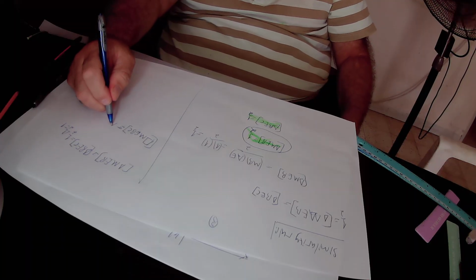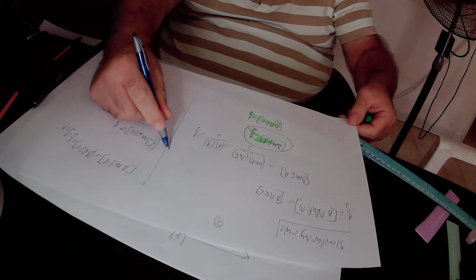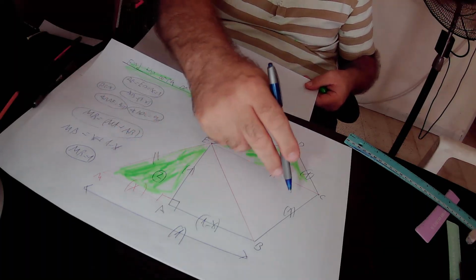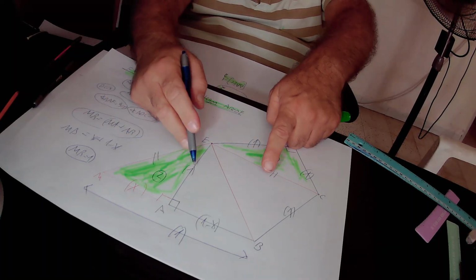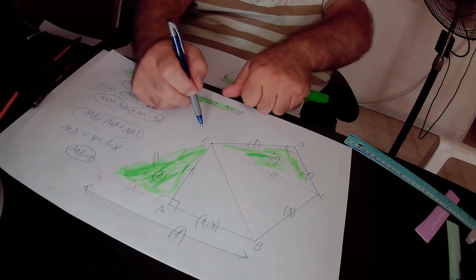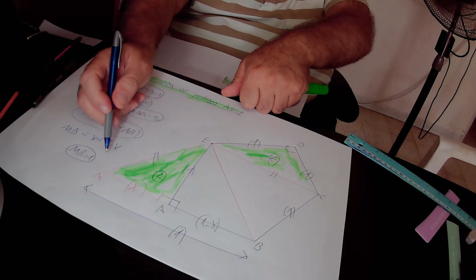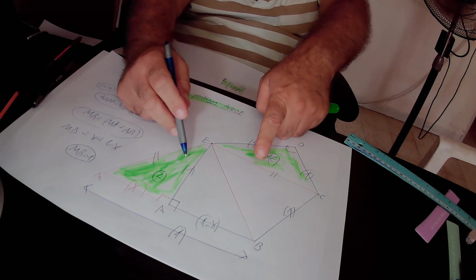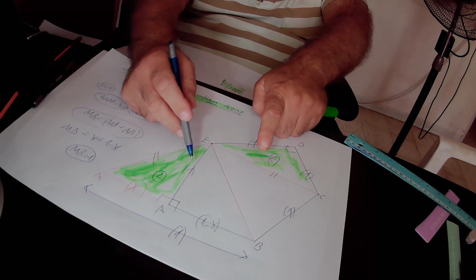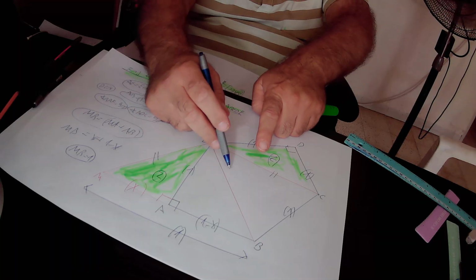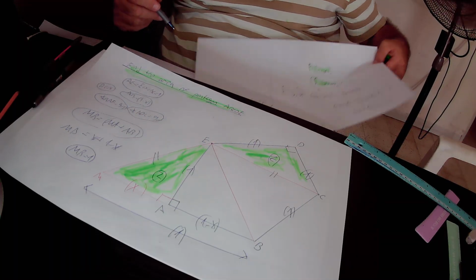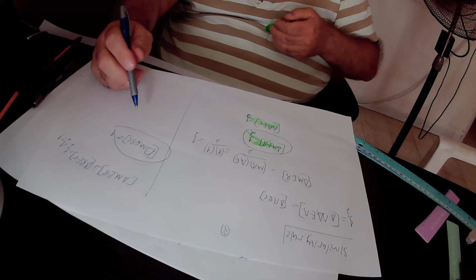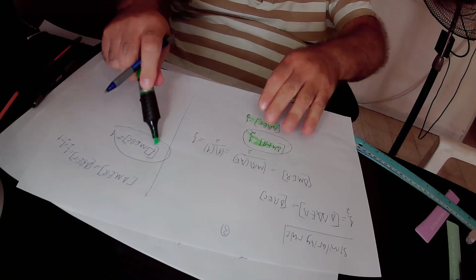Repeat again, the big quadrilateral MEBC consists of those two triangles, and therefore its area will be equal to the sum of the areas of those two triangles. That is to say, it will be equal to 1 half plus 1 half, that is 1. So the area of the big quadrilateral MEBC equals 1.